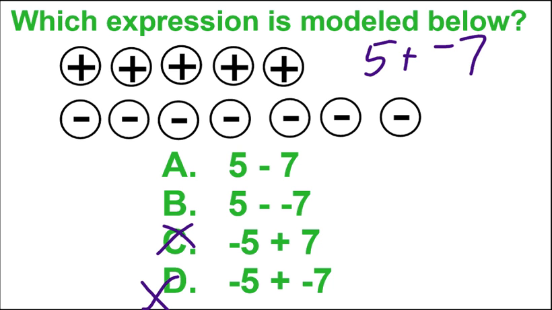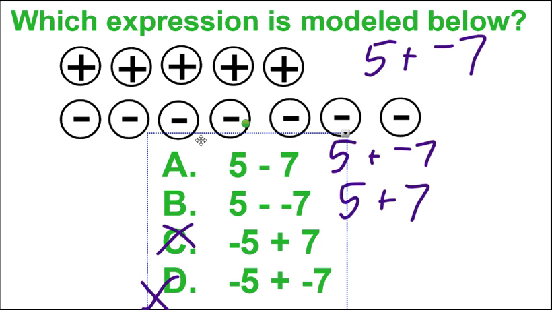With A and B, when they're subtraction, we got to change them to addition so we can compare them all. How do we change them to addition? Keep change, change, or same change, change. So 5 plus -7, 5 plus +7. A is then the one we were looking for. B doesn't work.